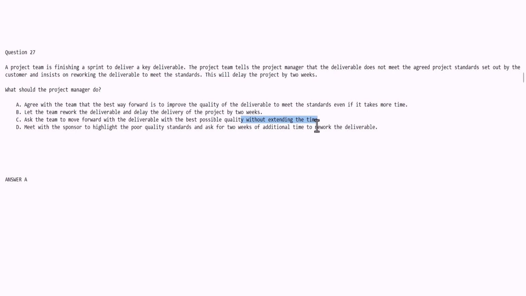So the PM does not have authority to say, guys, it has to be within these actual time frames. And then option B, let the team rework the deliverables and delay the delivery of the project by 2 weeks. Again, this is an implication that in fact there will be a 2-week delay. And if you look at the question, it's basically saying there may potentially be a 2-week delay. You're not 100% certain if the project will be delayed by 2 weeks.